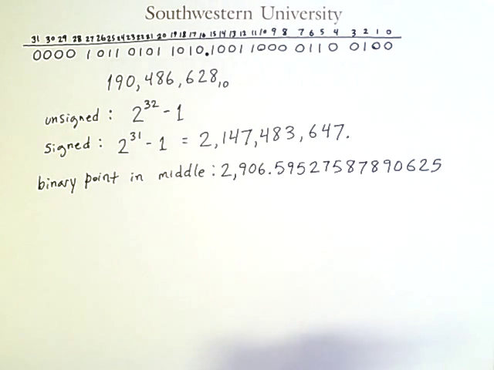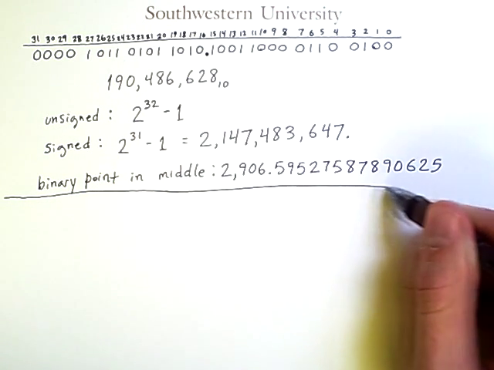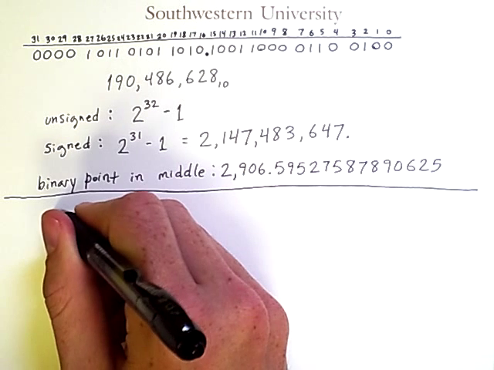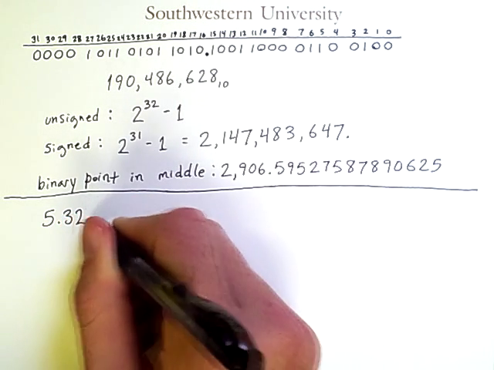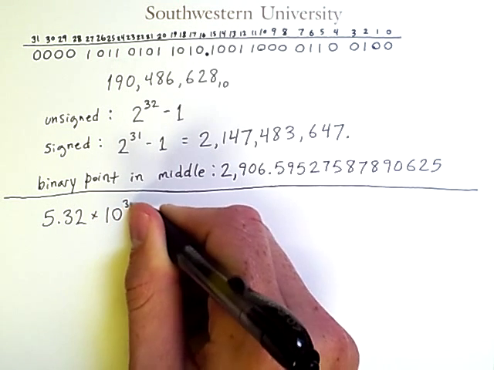So what we would like is a representation of numbers that gives us more flexibility. We want to represent the very large numbers and the very small numbers, and we can accomplish that by using scientific notation. Now, in decimal, you've no doubt seen something like the following: 5.32 times 10 raised to the 30.